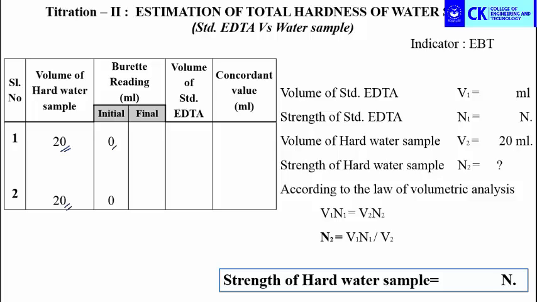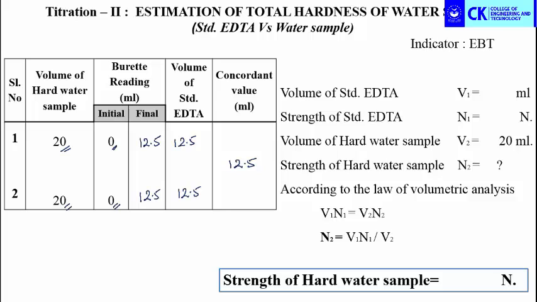The initial mark of the burette is 0. We measured 50 ml of EDTA in this. We get the titration 2 value as 12.5. This is the endpoint we obtained from the laboratory experiment. If you get a similar value, we can take it as the concordant value, 12.5 ml.